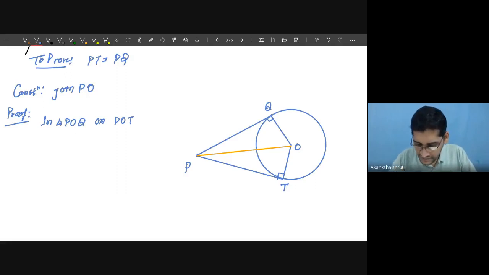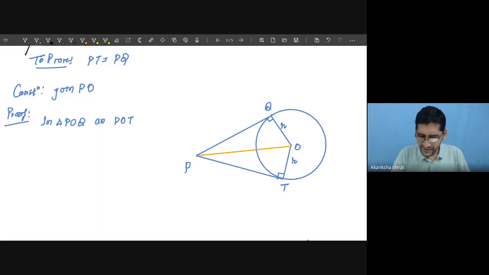Let us first recall the congruency condition. Here OQ is the same as OT because both are radii, and angle OQP is the same as angle OTP because the tangent is perpendicular.